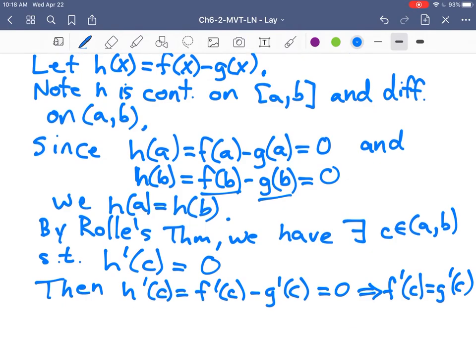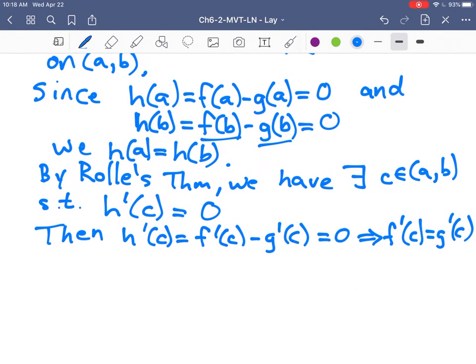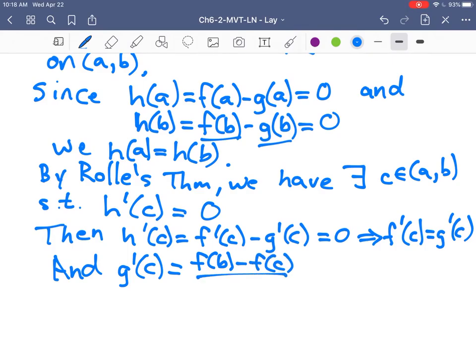But what is that g prime of c? That value for g prime of c is equal to f of b minus f of a over b minus a.